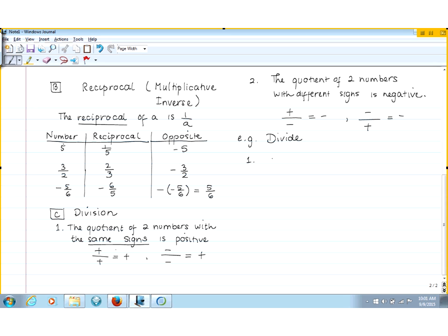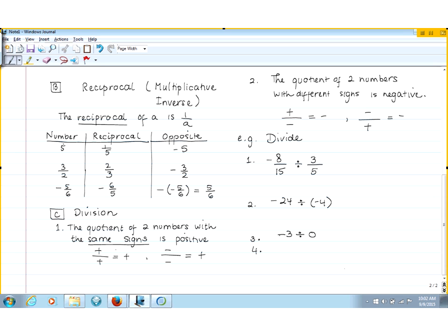Okay. So number 1. What is negative 8 over 15 divided by 3 over 5? Number 2, what is negative 24 divided by negative 4? Number 3, what is negative 3 divided by 0?